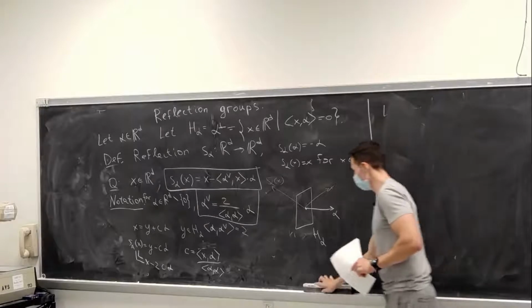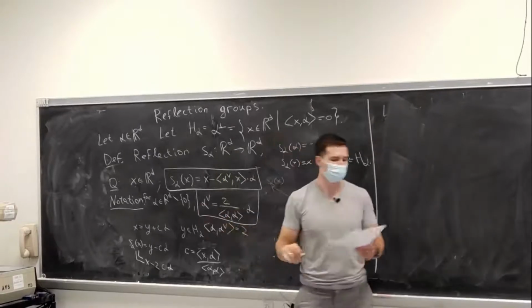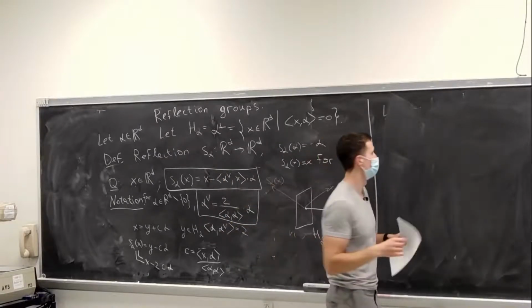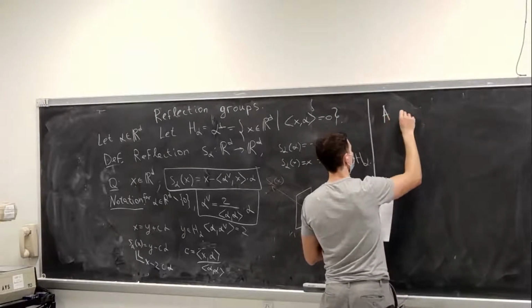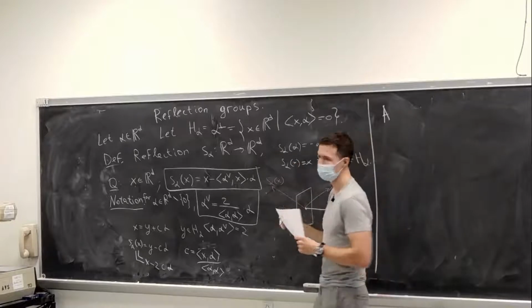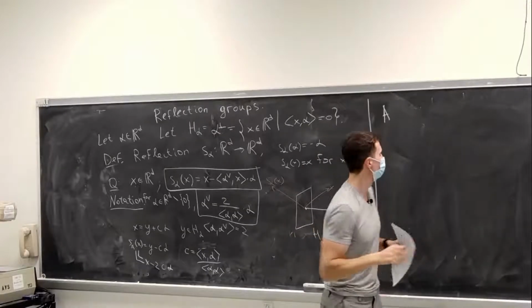All right, so you have these reflections, whatever the formula is. And then I can look for groups which are generated by reflections. That's called a reflection group.